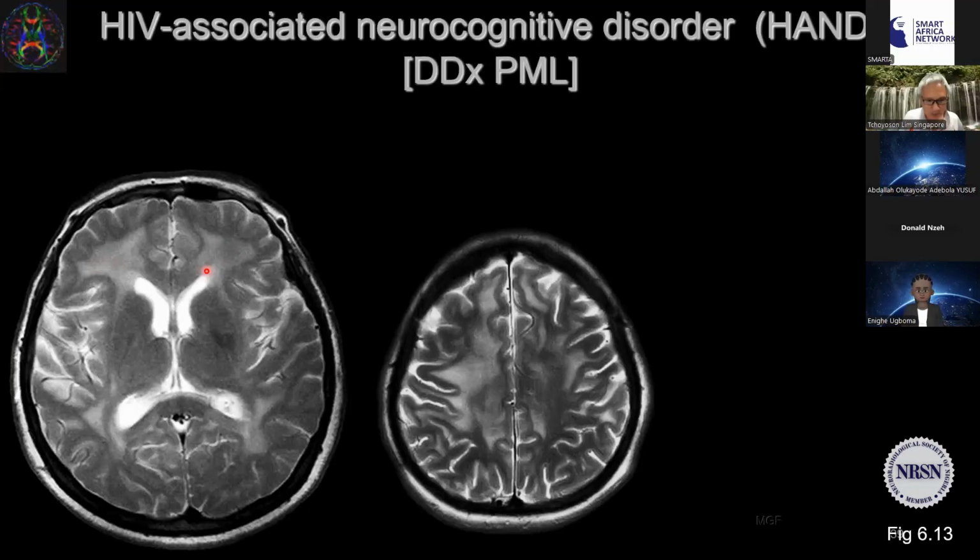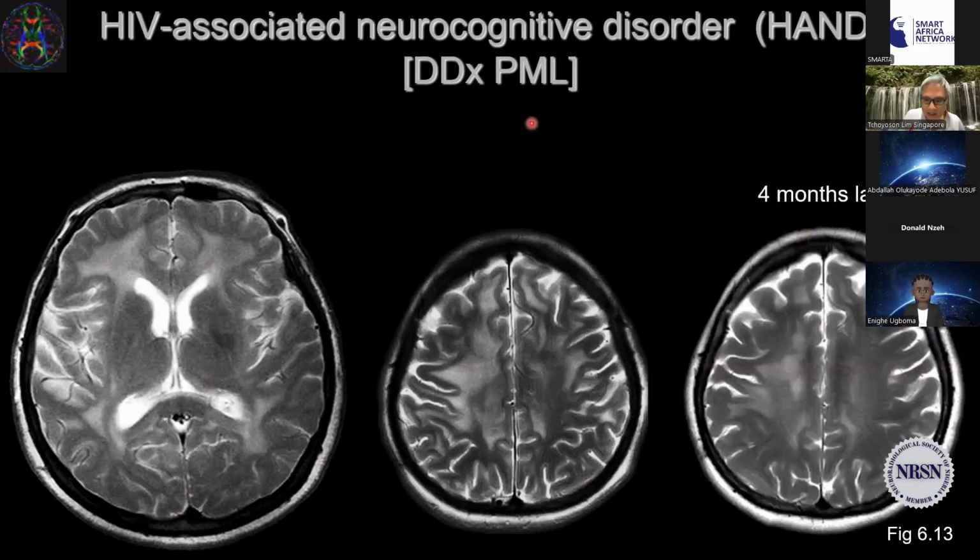Here you can see that the inferior portion is bilateral, symmetrical, diffuse, generalized, high signal intensity, and also in the upper portions. 4 months later, with highly active retroviral treatment, there is slight improvement.